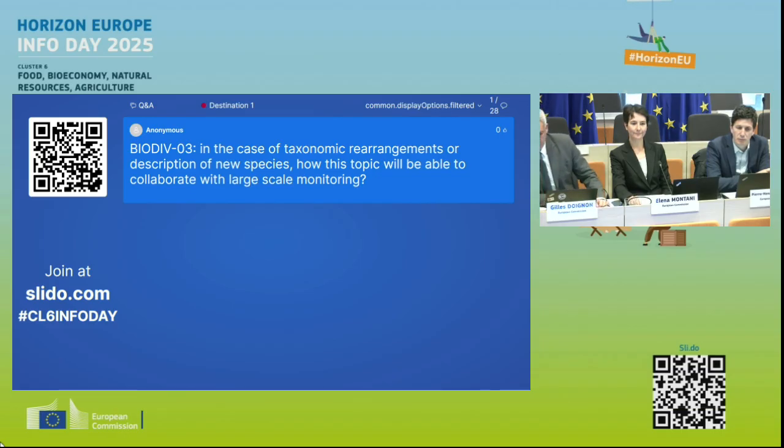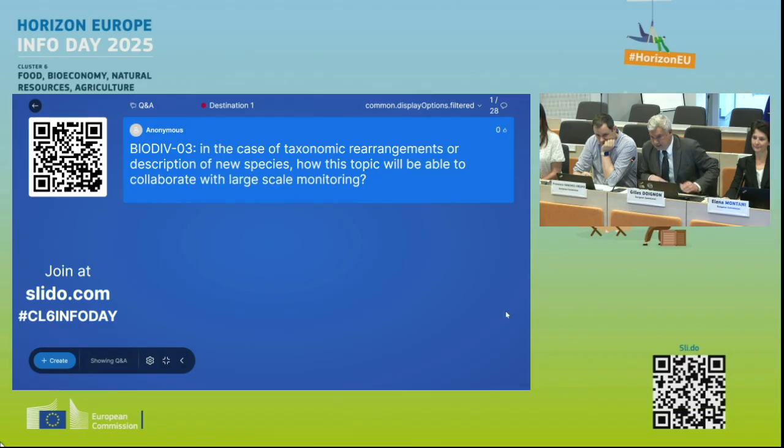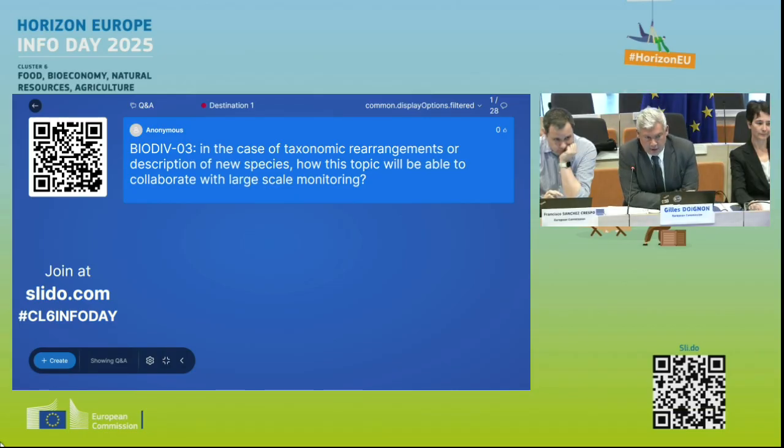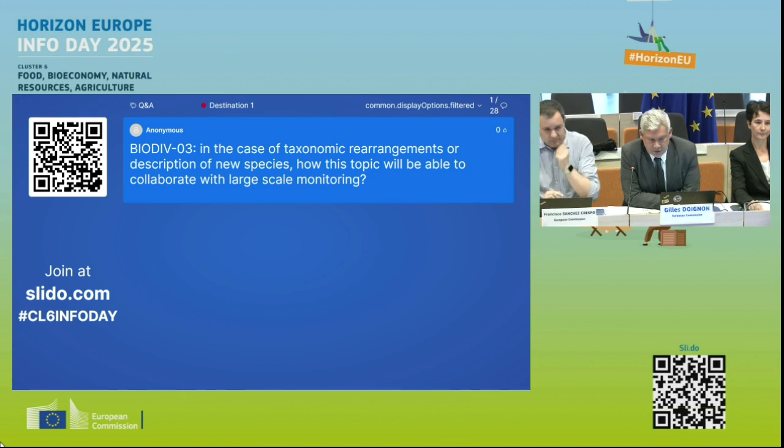Yeah, I will reply with my taxonomist hat. Well, large-scale monitoring uses several key species, and so it will not be the case of a new species. And also taxonomic rearrangements are important in terms of systematics, but will not be used for monitoring.